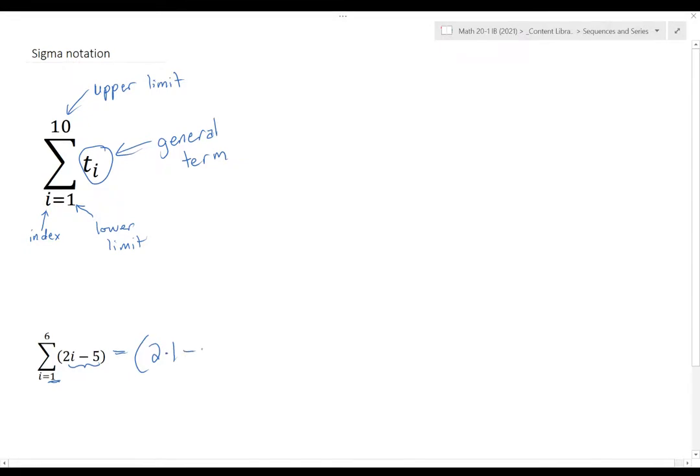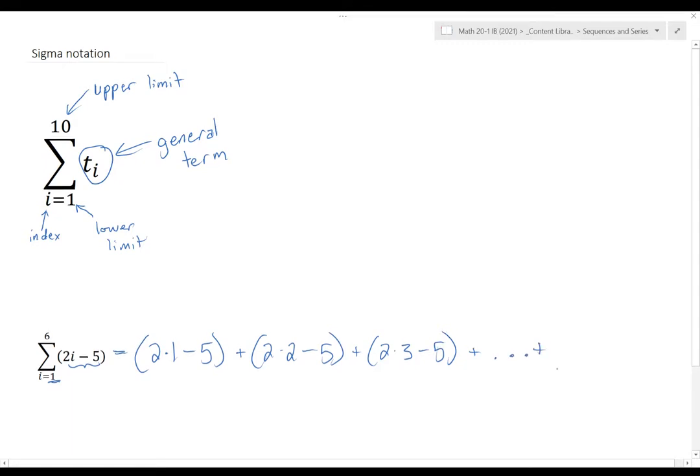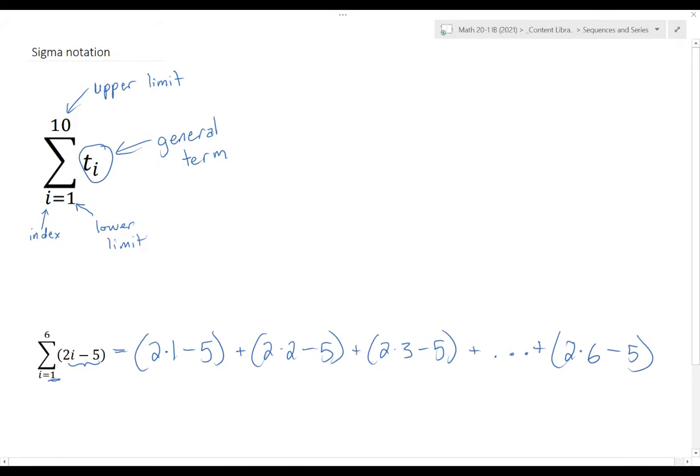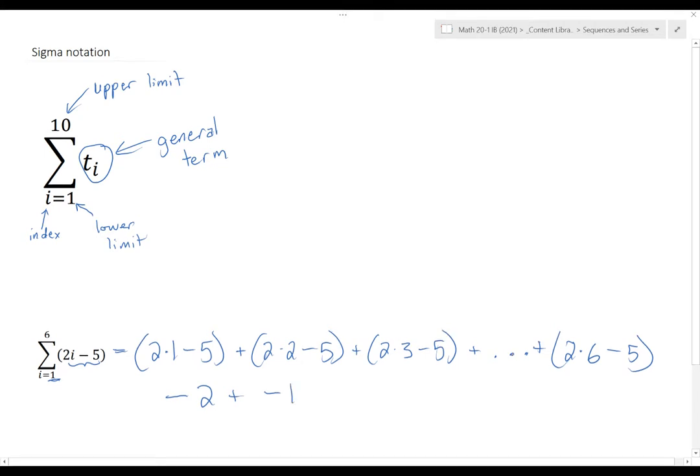So 2 times 1 minus 5, then 2 times 2 minus 5, 2 times 3 minus 5, and so on, all the way up to the upper limit, which would be, in this case, 2 times 6 minus 5. So if I actually calculate these, that gives me negative 2 plus negative 1 plus 1 plus etc. up to this last term, which is 7.